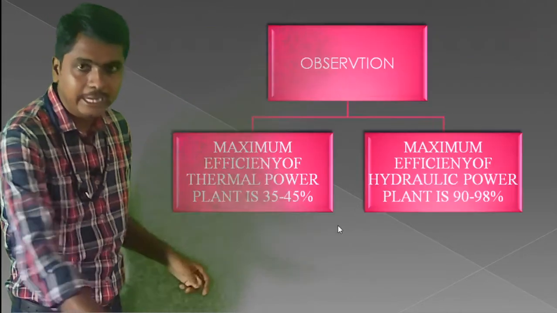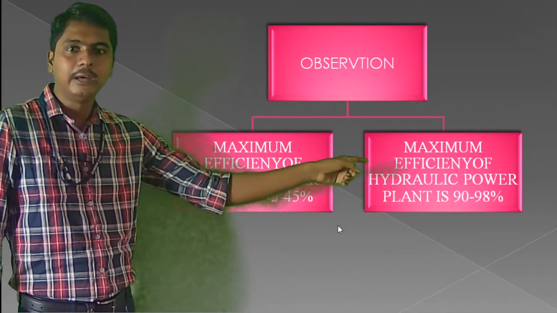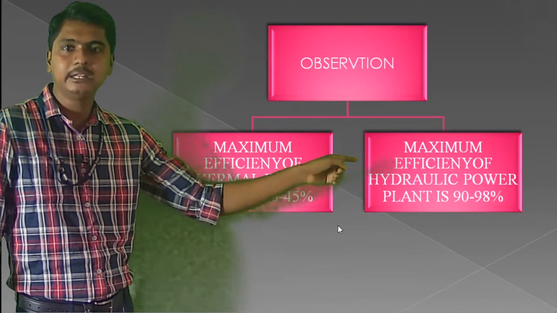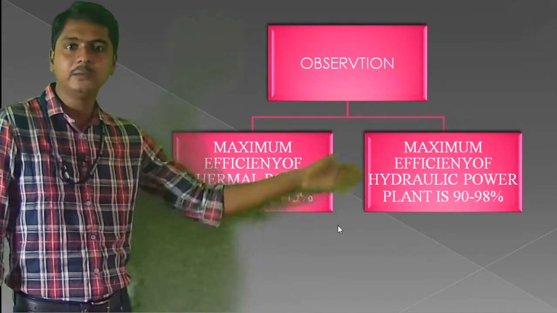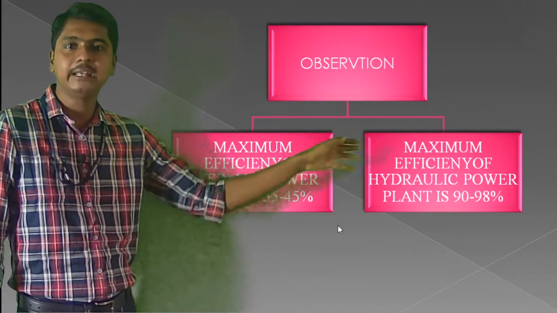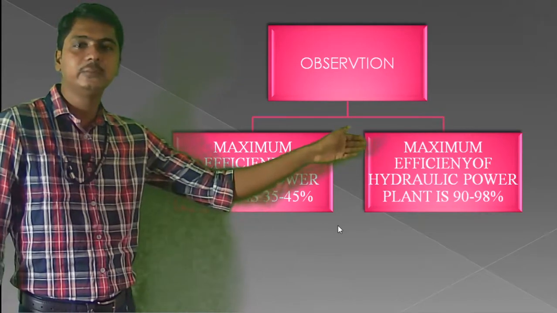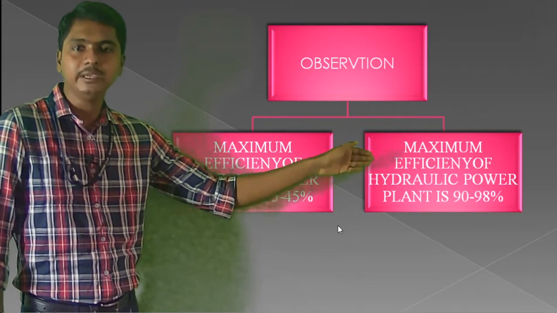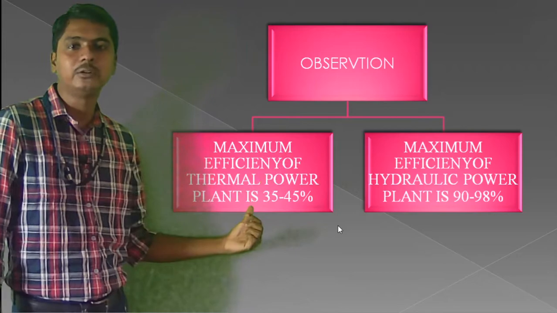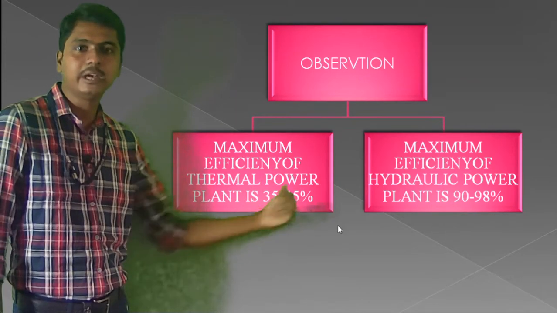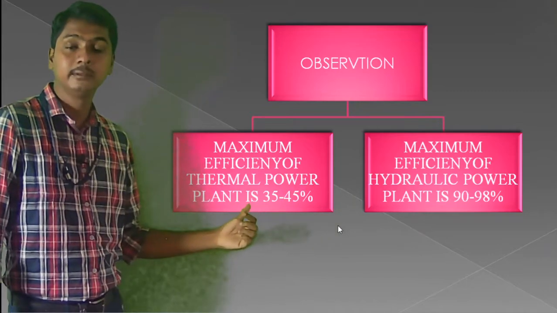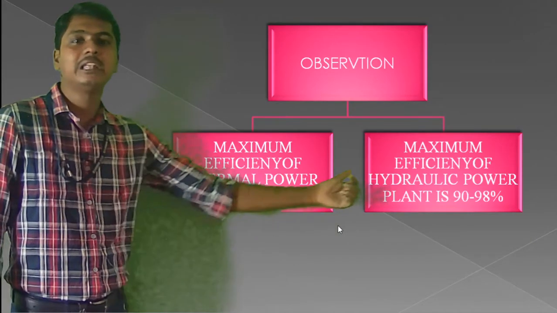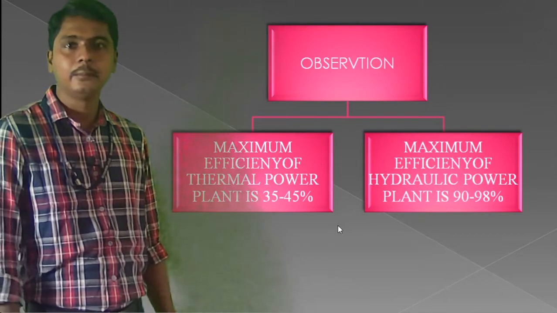This means hydraulic power plants are using high grade energy to produce mechanical work output. And if these power plants are using high grade energy, then the efficiency of this power plant is going to be higher as compared to this one. That's why there is a striking difference in the efficiency between a thermal power plant and a hydraulic power plant.